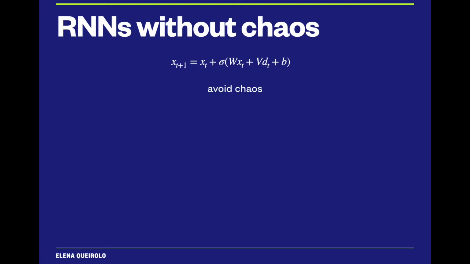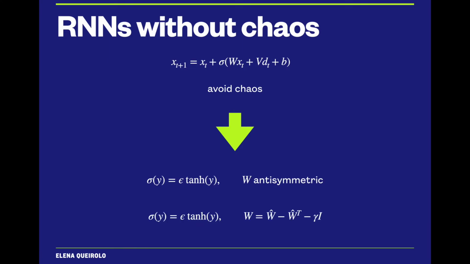So we want to avoid chaotic behavior, and to do that, one possibility is to set some conditions on sigma and W. We want sigma to be the hyperbolic tangent plus an epsilon term, and W to be roughly anti-symmetric. Actually, we want W to be exactly anti-symmetric, based on the matrix W hat, plus a diagonal term that allows us to shift things.